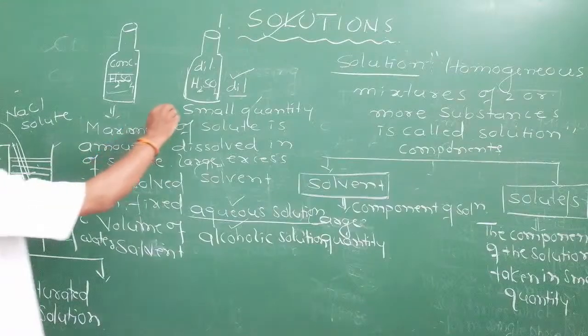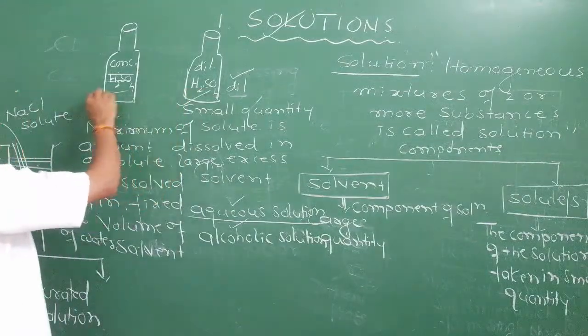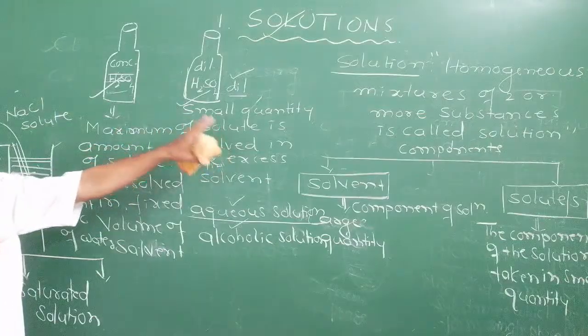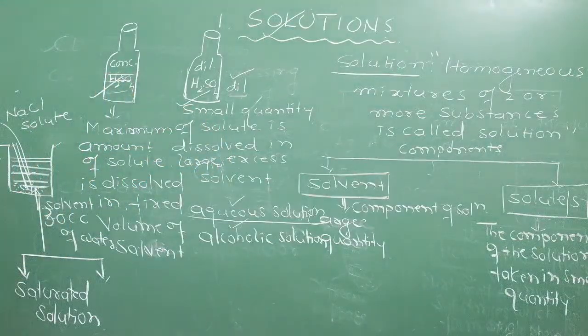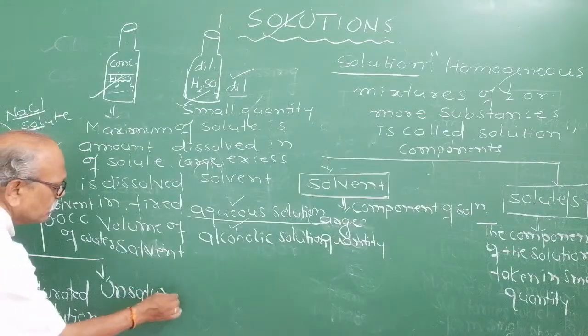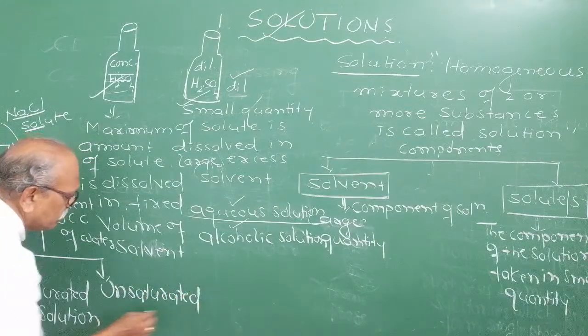Depending upon the quantity of solute and solvent, we can define dilute solution and concentrated solution. Further, depending upon the capacity to dissolve a solute, they can be classified into saturated solution and unsaturated solution. What do you mean by unsaturated solution?